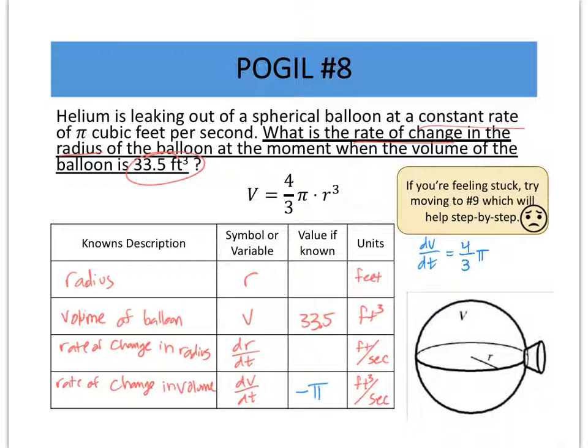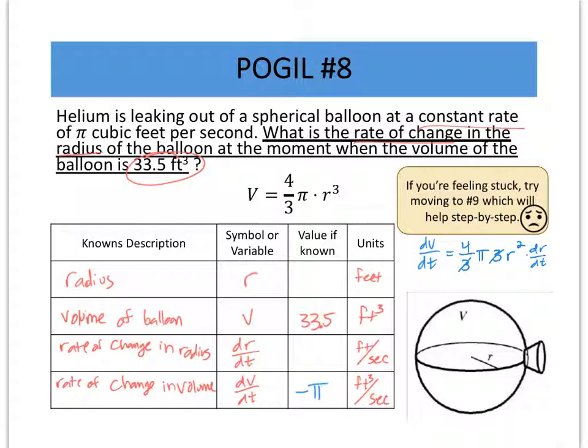R cubed, the derivative is going to be 3r squared, and then it actually looks like I can cancel and simplify this. Times dr/dt. I almost forgot about the chain rule there. That would be bad.